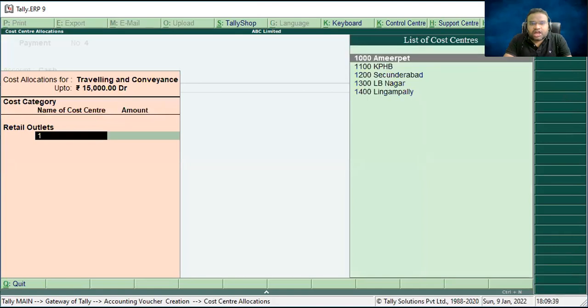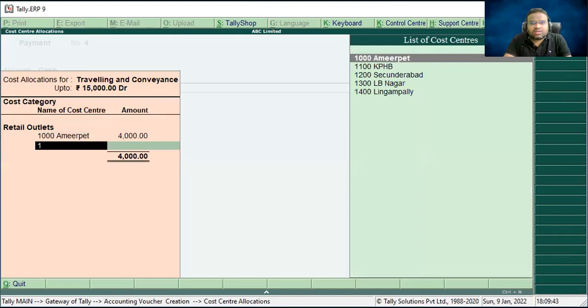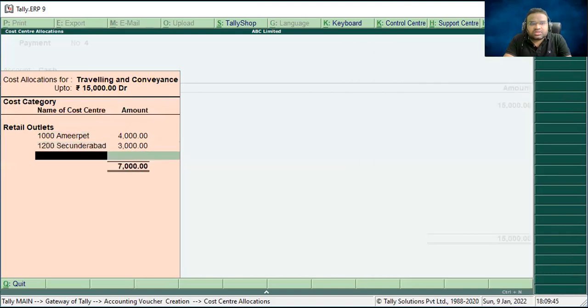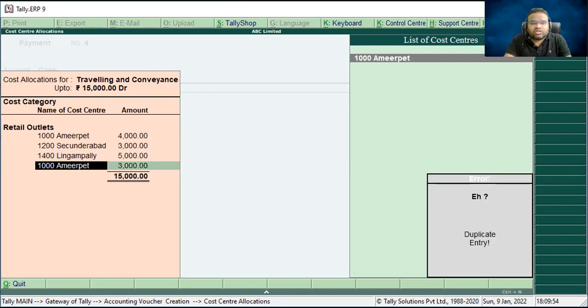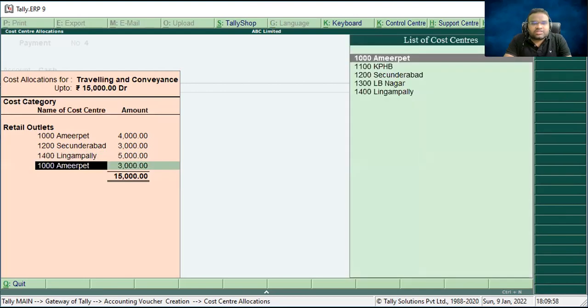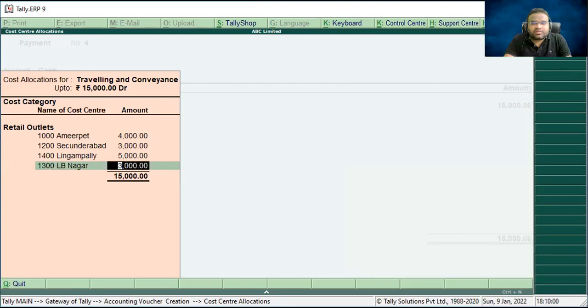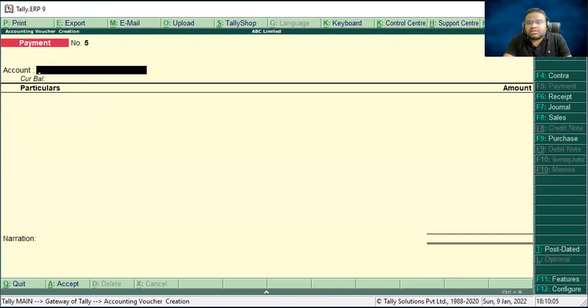Amirpet 4,000. Secunderabad 3,000. Lingampalli 5,000. KPHB 1,100. If I put again 1,000, it says duplicate entry. So what is missing? I'll go to LB Nagar, 3,000 rupees. So this is how you have incurred the payments.